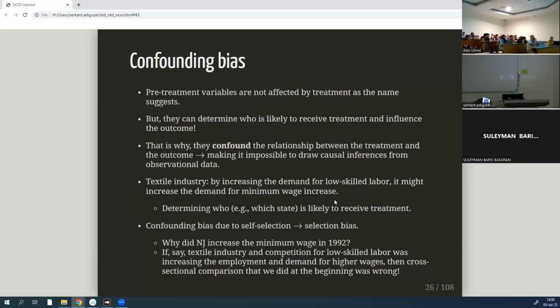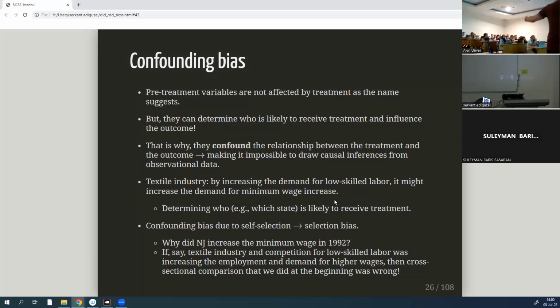And that might actually impact why New Jersey adopted the minimum wage increase in 1992. Maybe there is something specific to New Jersey, and in this example it's labor competition, right? So then it is actually a selection bias. New Jersey is self-selecting itself into this treatment, which is a problem.